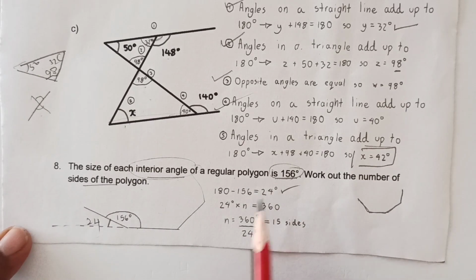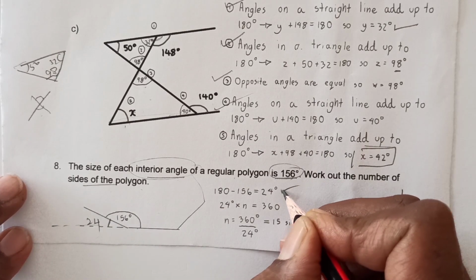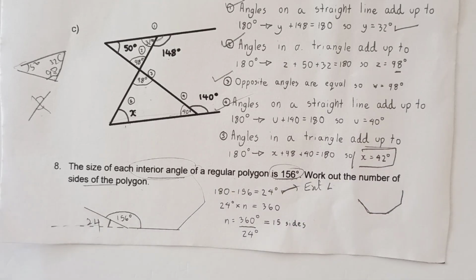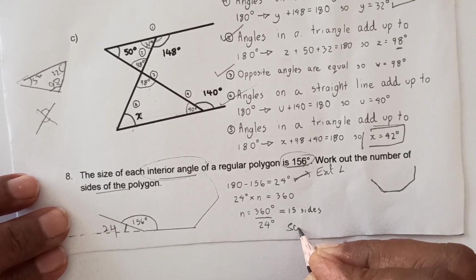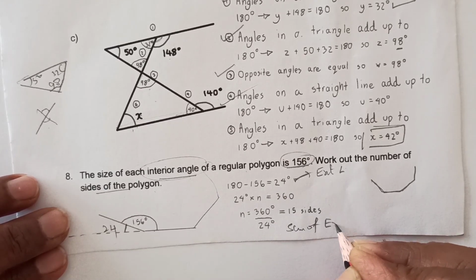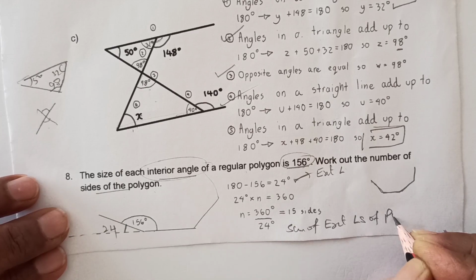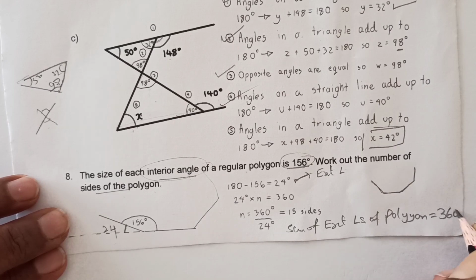So we got this angle as 24, the exterior angle. So the exterior angle is now 24. This is called the exterior angle, right? Now we have a property: the sum of exterior angles of a polygon is 360.